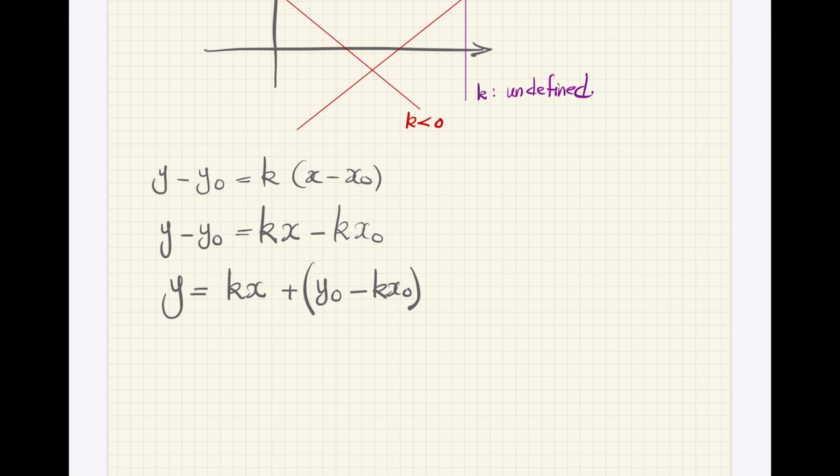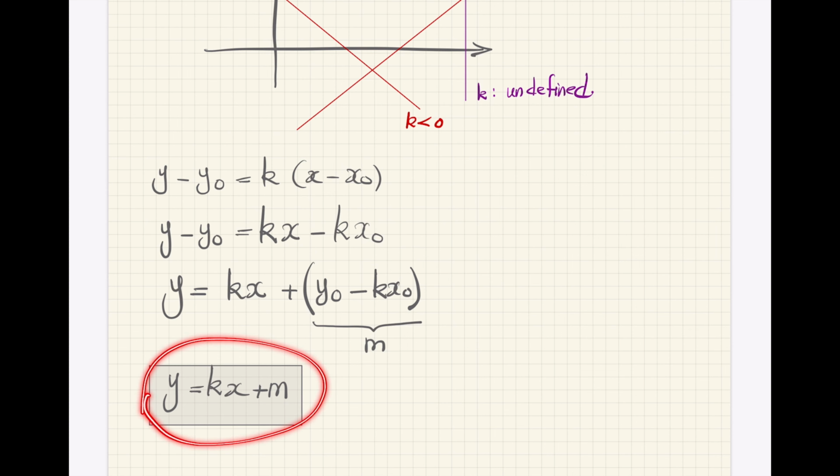And then this in the book, we can call it m. That's a number, m. And then what you see is the familiar form of the equation of the line. Okay? So it doesn't matter how you want to solve this problem, you can use this one. If you see this, it means that you are facing a line which is not vertical, of course.